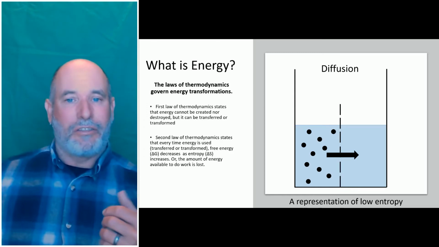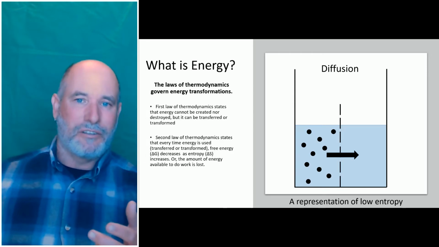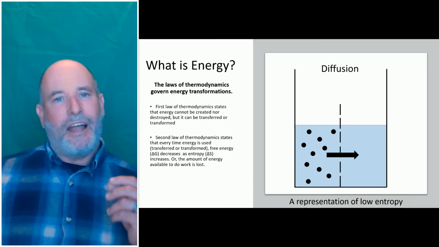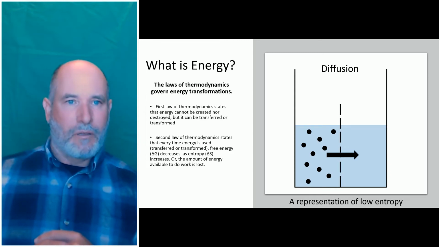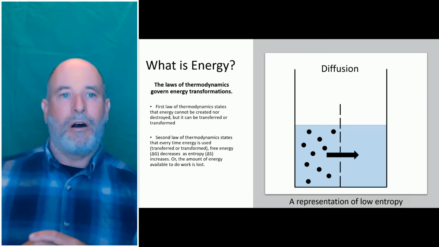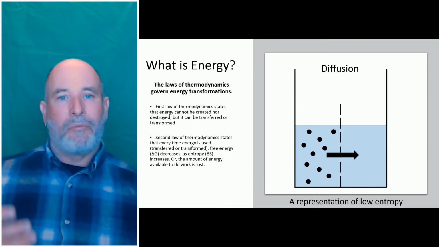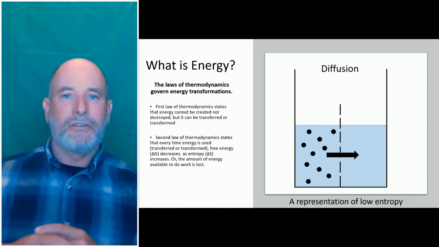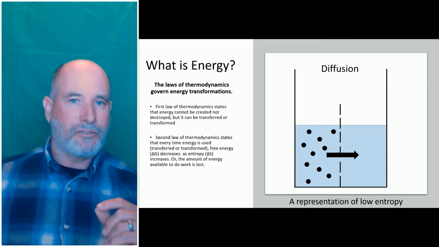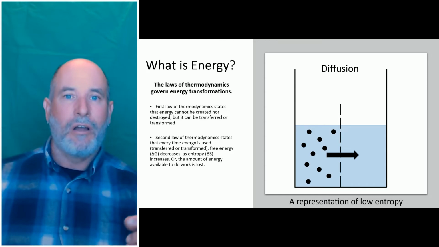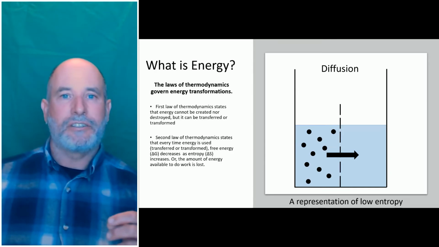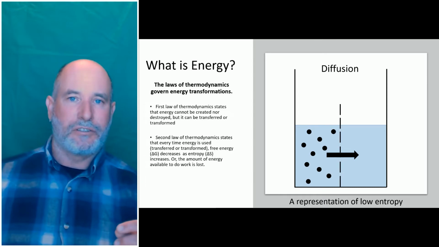Now, the second law of thermodynamics, this is like a sucker punch of nature, right? Like, nature really got us on this one. It says that every time you use energy, if I'm using my free energy to throw a ball, or I'm releasing energy stored in chemicals, every single time I use energy, I transfer it from one object to another, or I transform it from one type to another, I increase entropy in the universe, okay?